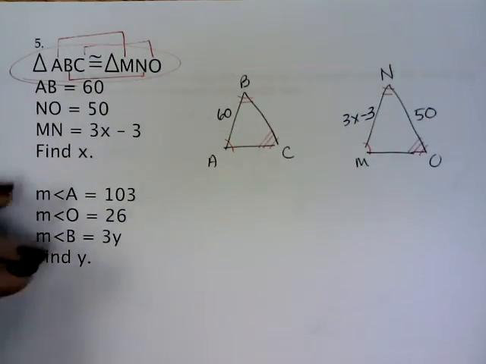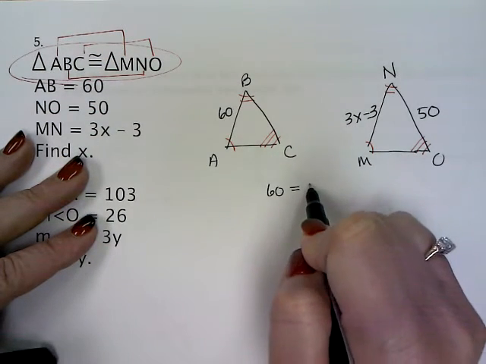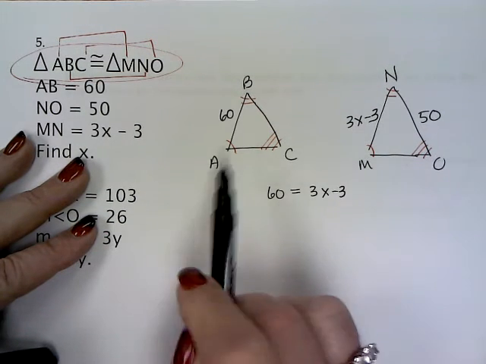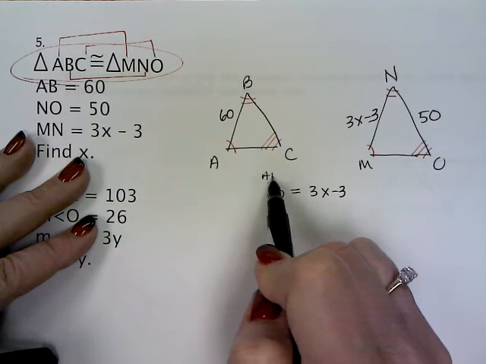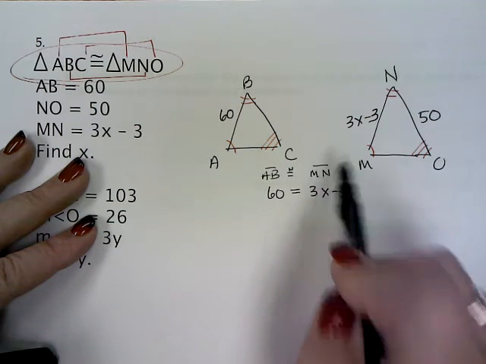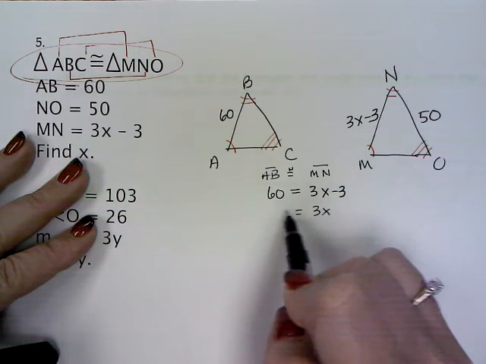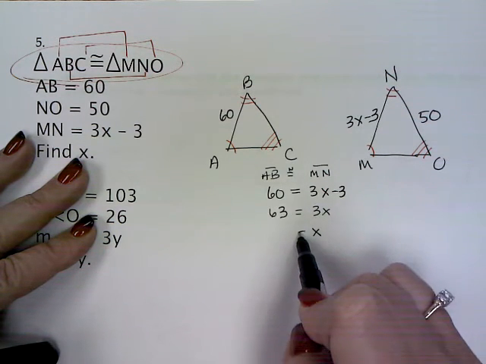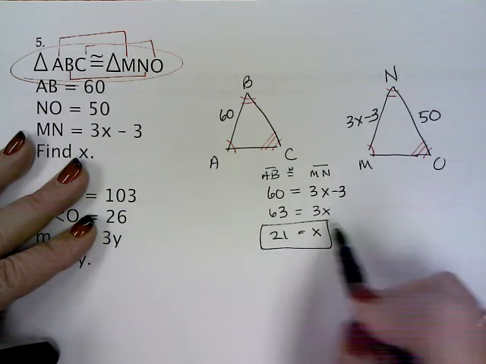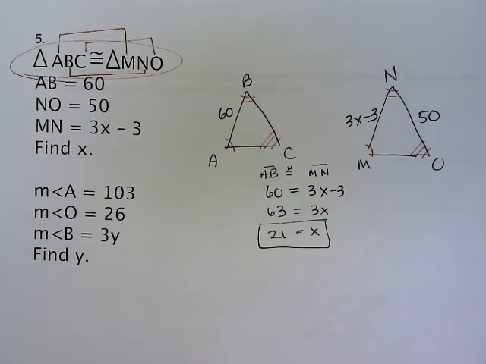So here I know that 60 is equal to 3x minus 3 because AB here is congruent to MN. So now I can solve for x. Again, it is just a value. It's definitely not a degree here because it's the side. Definitely not.